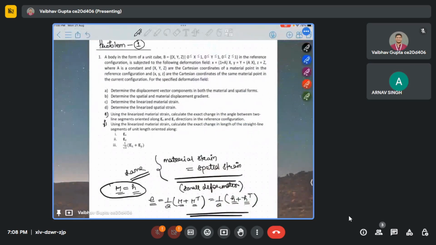See, E part. Using the linearized material strain, calculate the exact change in the angle between two line segments oriented along EX and EY in the reference configuration. They wanted to ask what is the angle change when the lines are oriented along EX and EY direction.